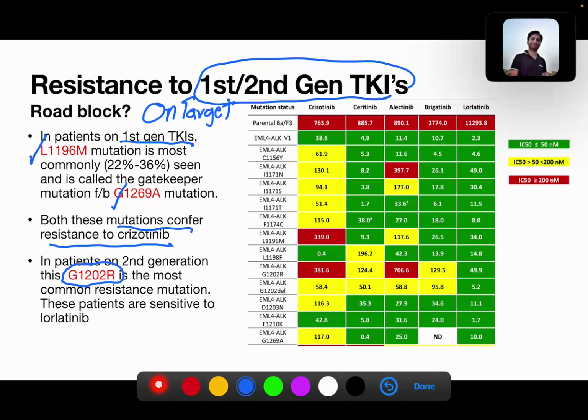So post second generation TKI, you see the G1202R mutation, and this causes resistance to second generation TKIs, but lorlatinib still works in these patients. Lorlatinib is a third generation drug. It still works in patients who develop the G1202R mutation on second generation TKIs. So that's the mutation profile. It's usually on target post first and second generation TKIs.